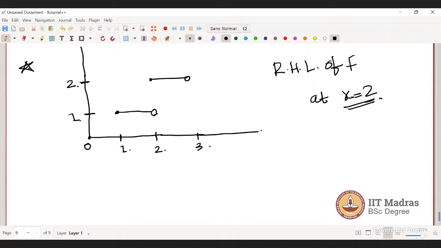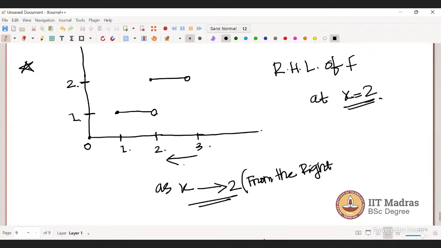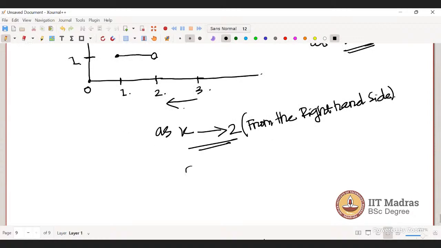You need to check, as x approaches 2 from the right hand side, where f of x approaches.